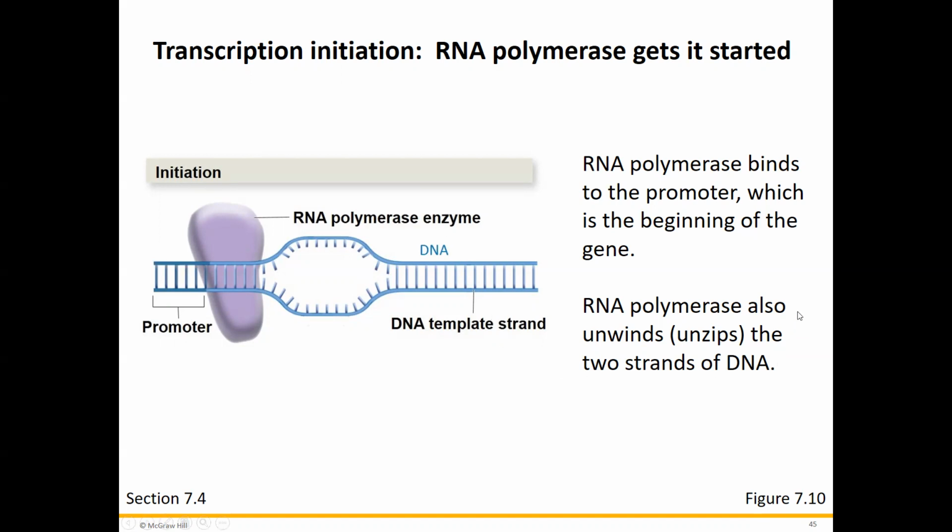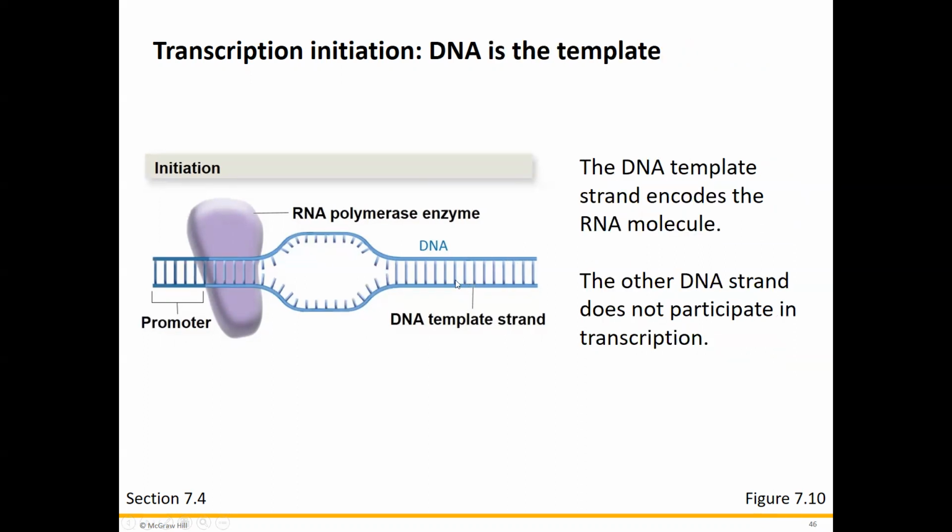So RNA polymerase will unwind the molecule and unzip it so that you have the two separate strands of DNA. The DNA template encodes the RNA molecule.